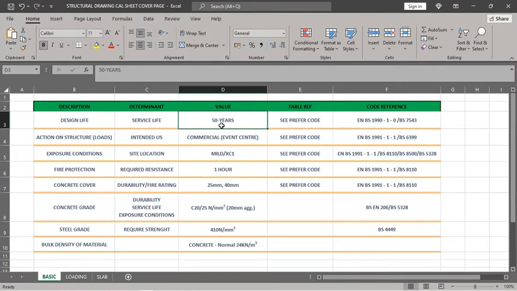I asked the occupant, and they told me they just finished the building and moved in. It's not even up to 1 month, and they have started repairing. Now, this is what happens when you do not consider this, because for any structure that you are building, there's an expected service life.